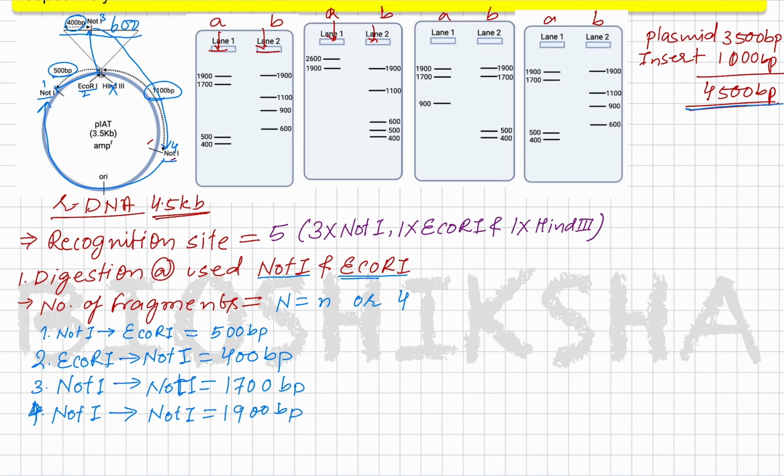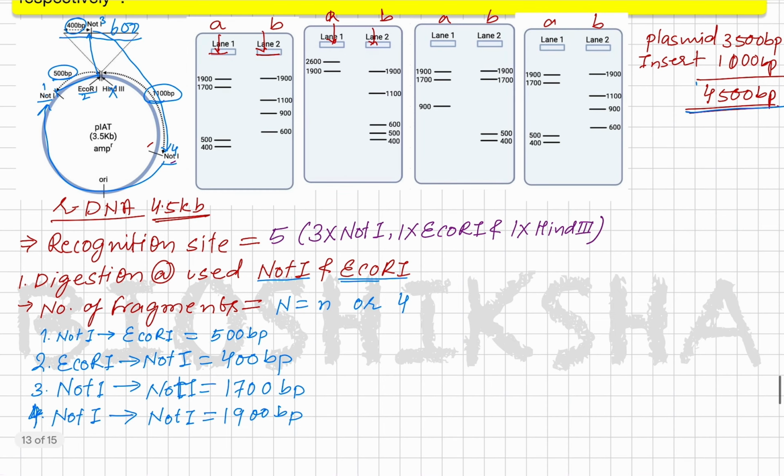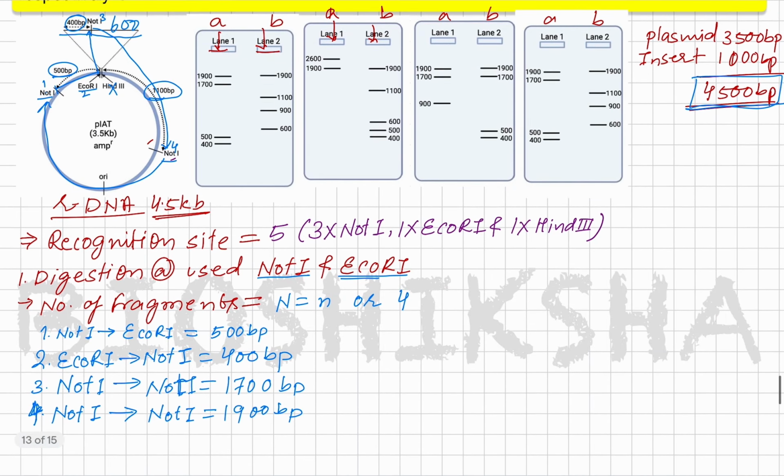The total length of the DNA is 4500, right? So on this side how much is left? You just subtract 500, then 400, then 600, and then 1100.